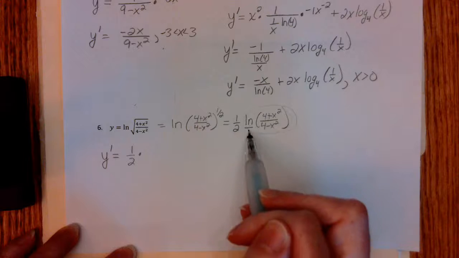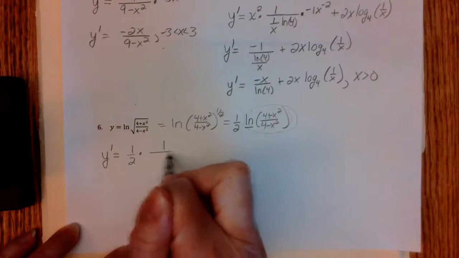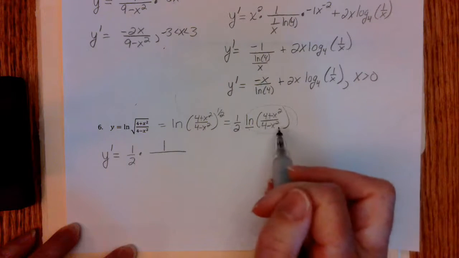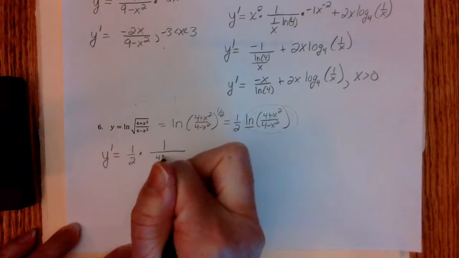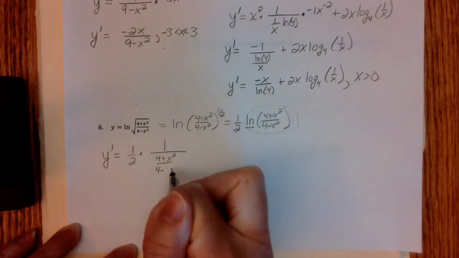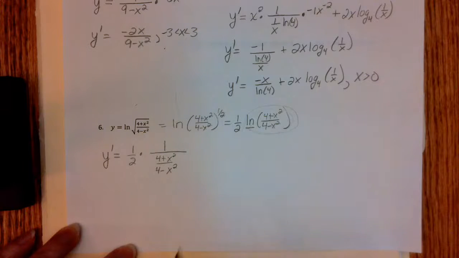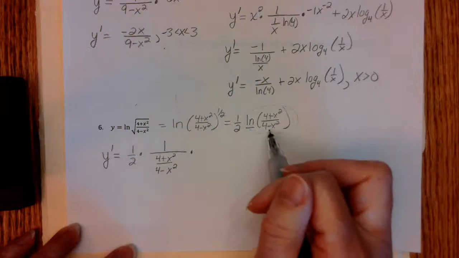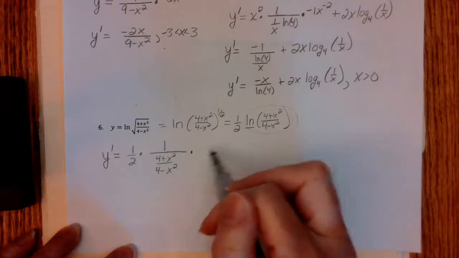Natural log derivative is 1 over the stuff that you have. So I have 4 plus x squared over 4 minus x squared times the derivative of the inside, which is a quotient rule.